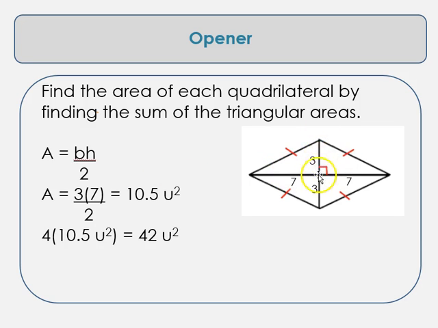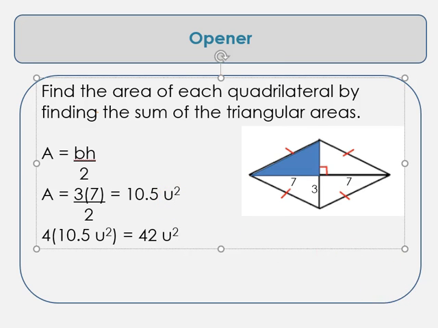We have a base length of 3 and a height of 7, so that's inserted into this formula. And 3 times 7 is 21 divided by 2 is 10.5 units squared.